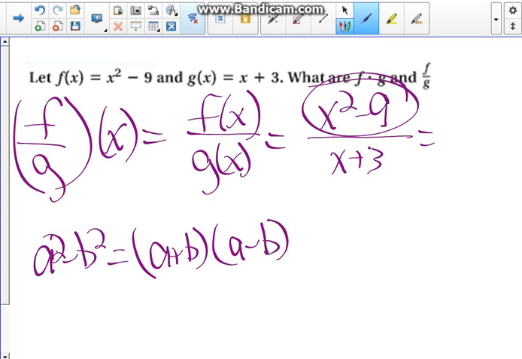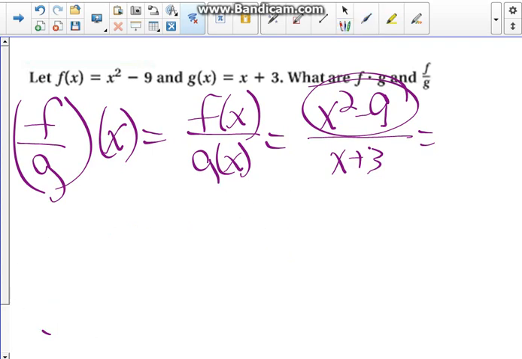So we can factor this x squared minus 9, and our a term is going to be x, because we're doing x squared, and my b term is 3, because we're doing 3 squared, which is 9. So that is the difference of two squares.